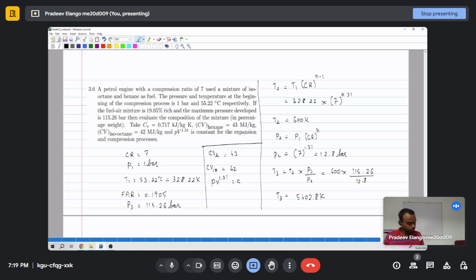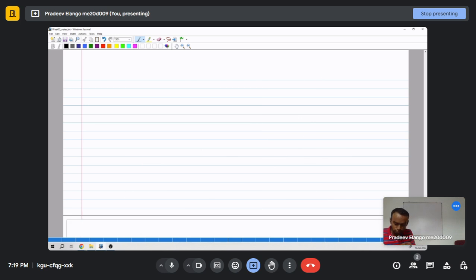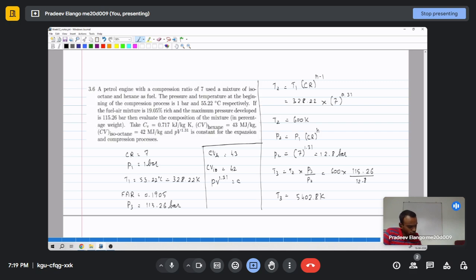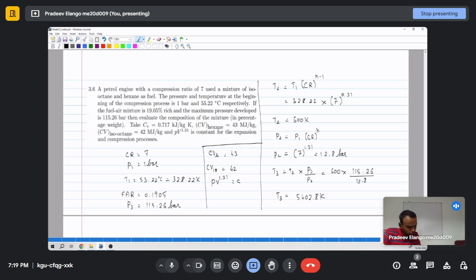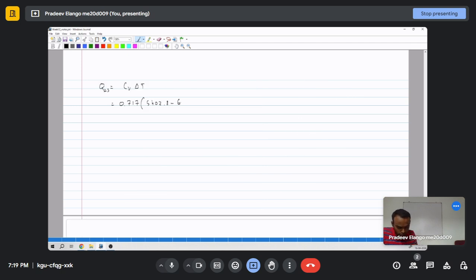Now Q23 is equal to Cv into delta T. Cv is 0.717 and delta T is 5402.8 minus T2, that is 600.